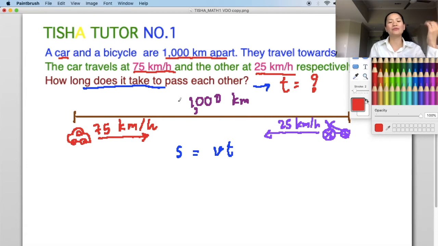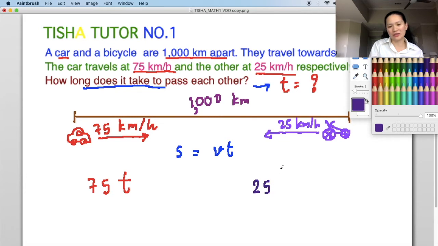Well, what I'm going to set up: I know that the car travels at 75 km per hour with the time t, so I set up like this, 75t. This is the distance for the car. And how about the distance for the bicycle? It is 25 km per hour multiplied with t. You know that it took the same time, yeah?